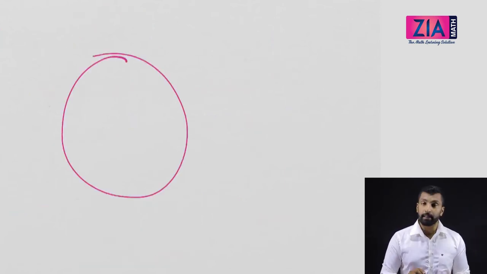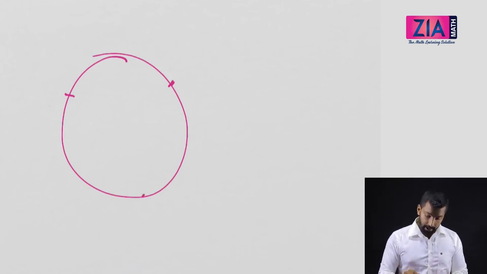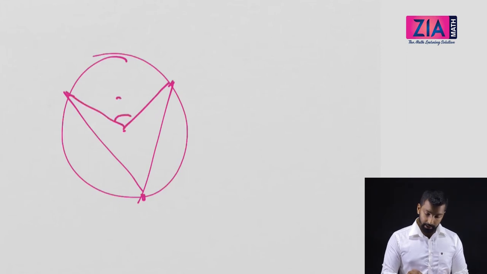Now, if you see 3 points on the circle, we have discussed the property. So 3 points, the 2 points making a minor arc, opposite side is major arc, and another point is this. So you will get an angle like this. If you combine it with the center, this is 2 theta if this is theta. We have seen this property.